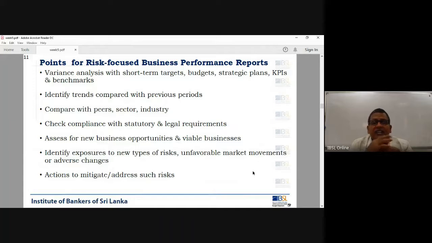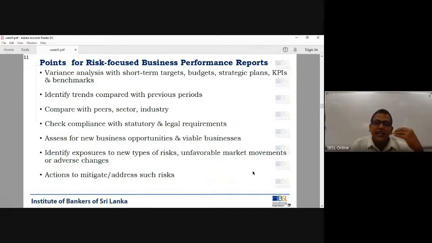When they are preparing them, they do variance analysis with short-term targets, budget, strategic plan, KPIs and benchmarks. They perform the variance analysis and identify the trends compared with the previous period. Even for the NPL ratio, ROE, ROA, or any other prudential ratio, they identify the trends, how it is moving.